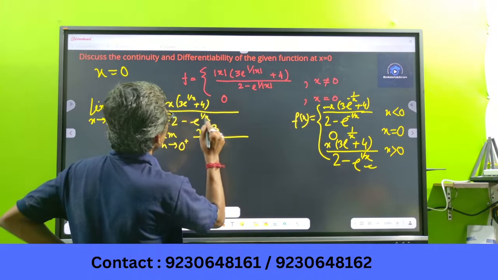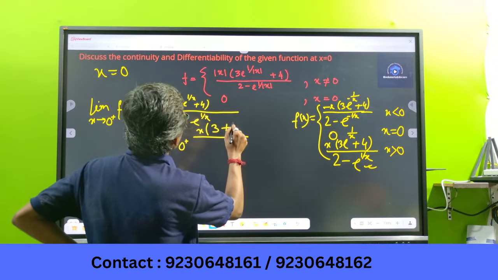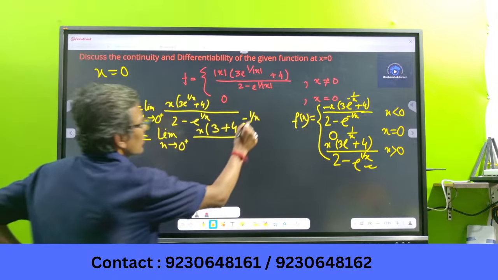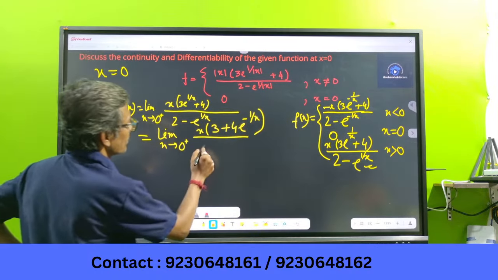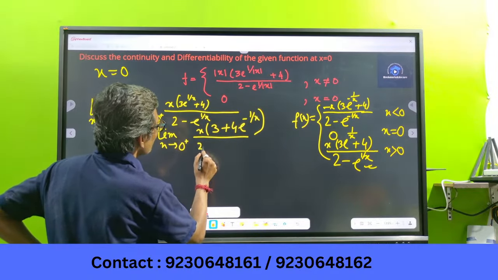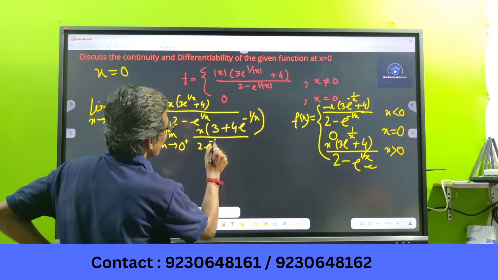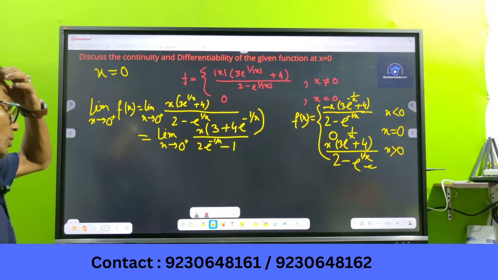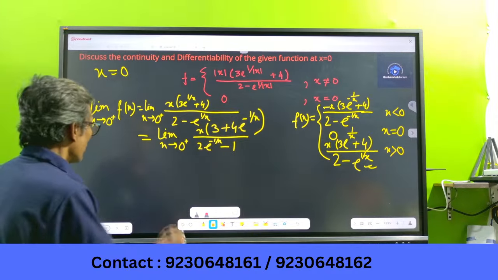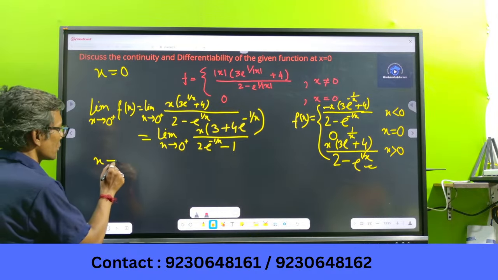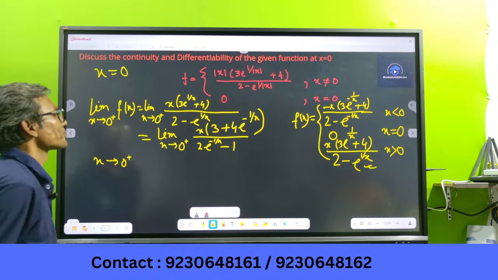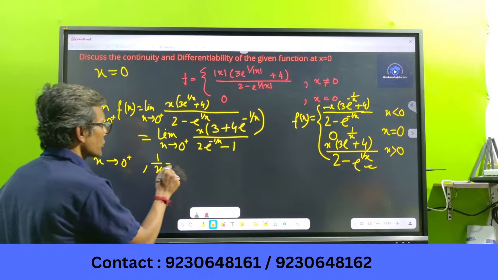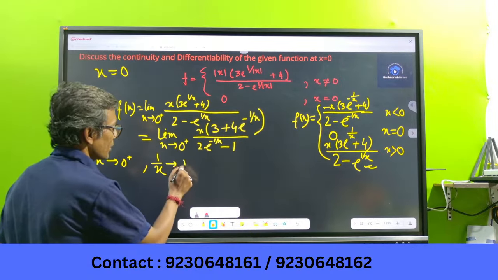So 3 plus 4 into e to the power minus 1 by x over 2 into e to the power minus 1 by x equal to 1. So when x tends to 0 plus, the value of 1 by x approaches plus infinity.